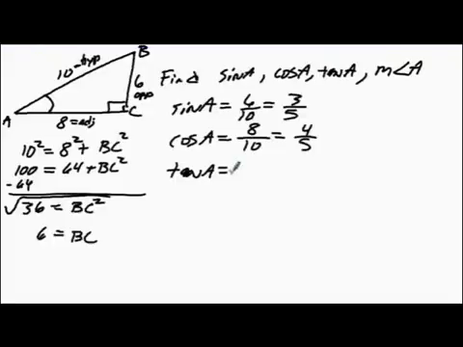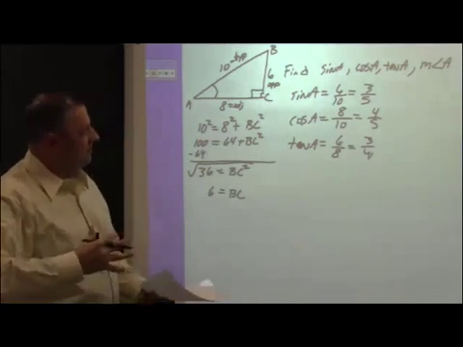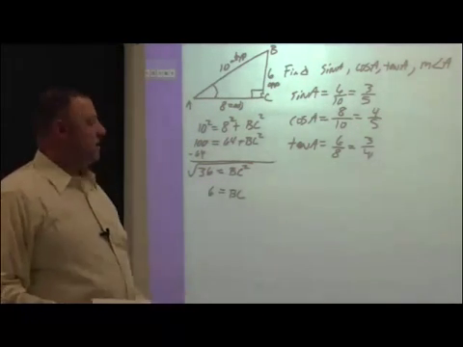Tangent. Let's see, we got to remember that's SOH CAH TOA, O over A. So opposite, which is 6, over adjacent, which is 8. And if we reduce that, 2 goes into 6 3 times, and 4 times into 8, so we get 3/4. So we can do this pretty quick. You just got to know those relationships.